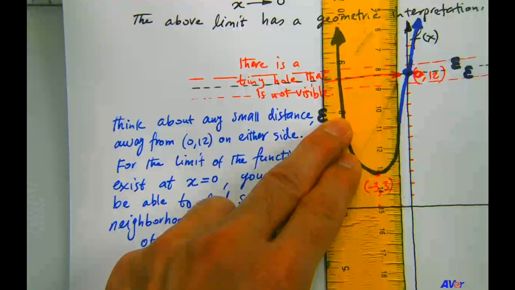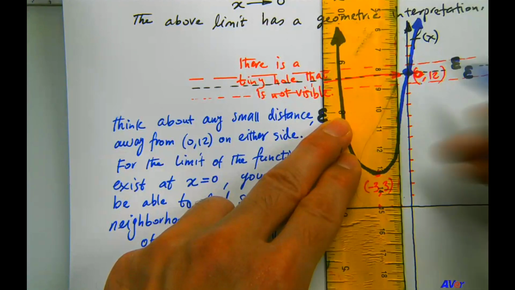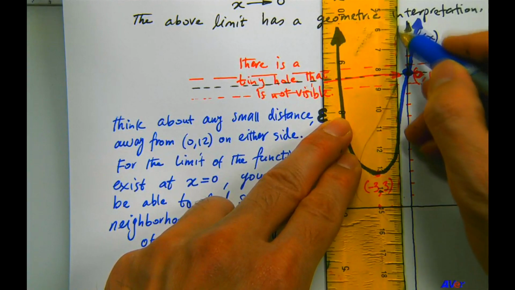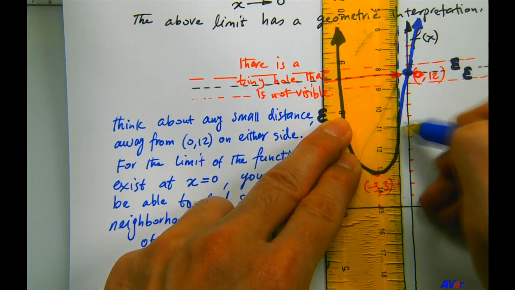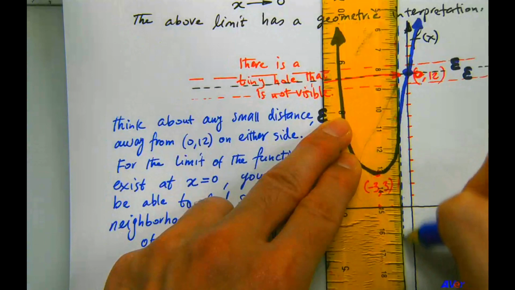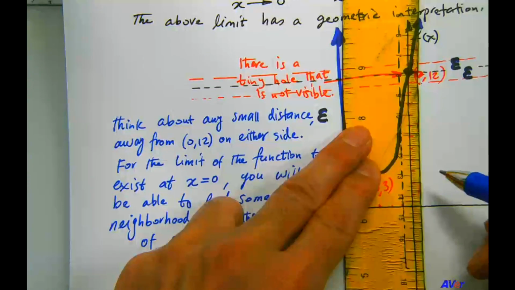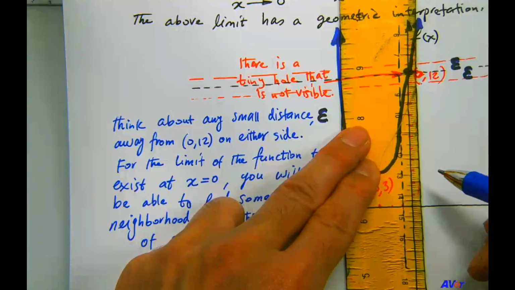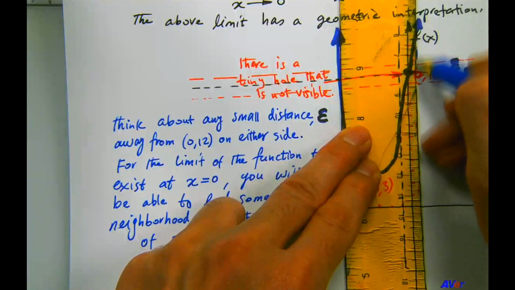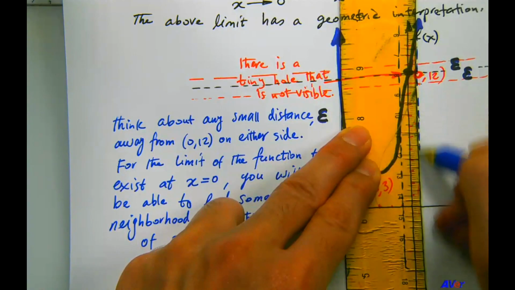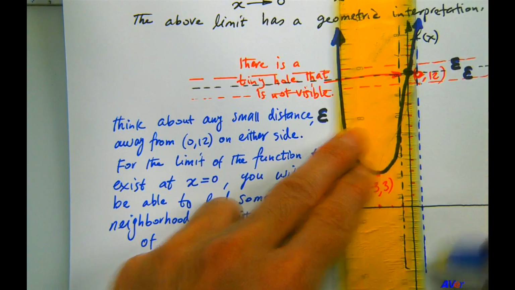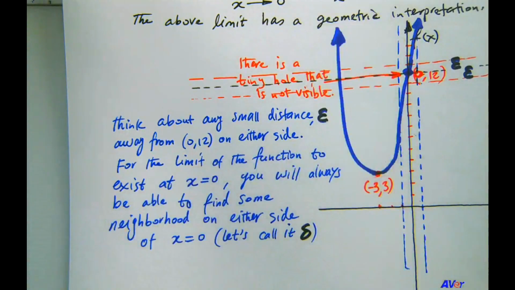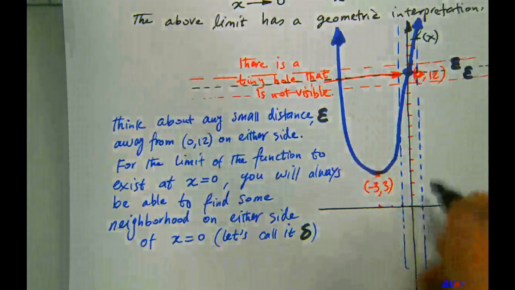Once again, I'm going to draw this with a different color here, with blue. Like that. And on this side, and that's that. So delta would be on either side of x equals 0.